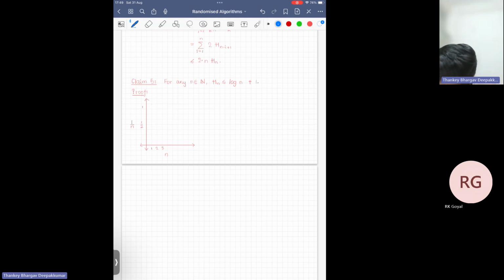So for 1, this is 1. For 2, this is half. For 3, this would be one third, and so on, right? Okay, and now what am I interested in? For Hn, I'm interested in the sum of these values.